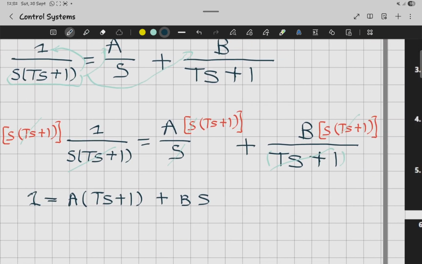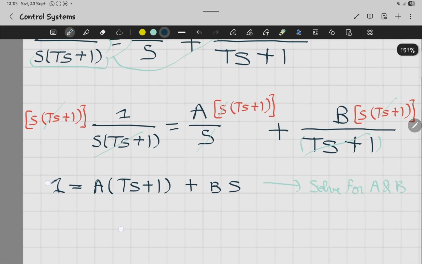Okay, so now the goal is we're going to solve for a and b. That's what we're gonna do here, and we need to have some condition, some rules.